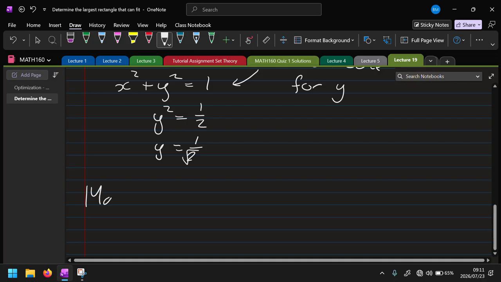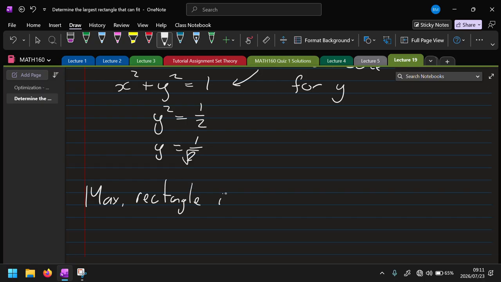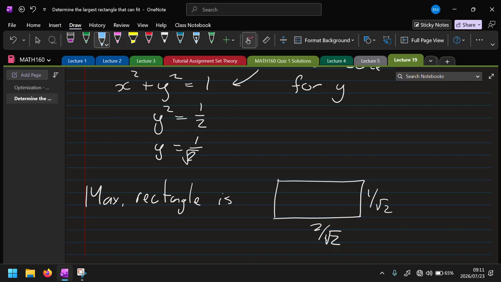So the max rectangle is 2 over root 2 along the bottom, and 1 over root 2 for the height. Okay, that will maximize that area.